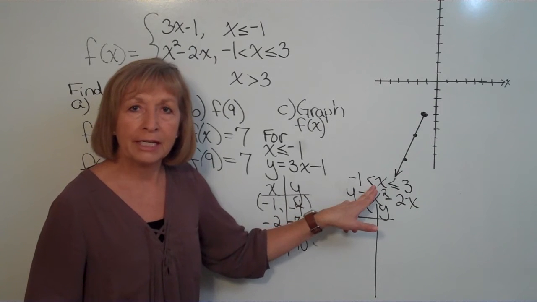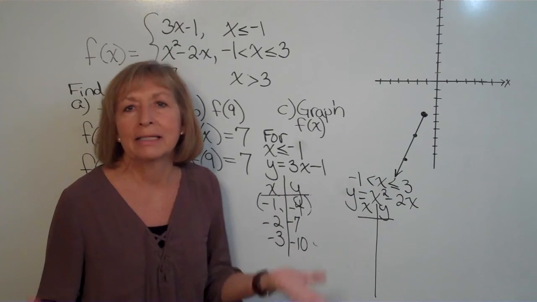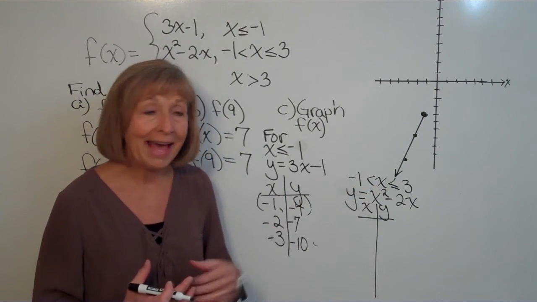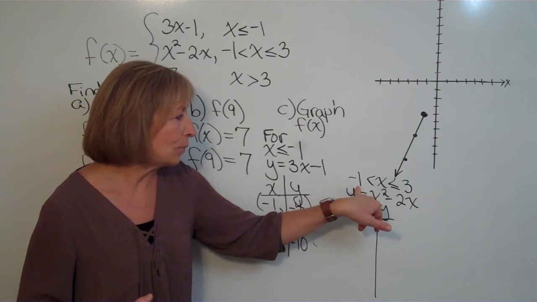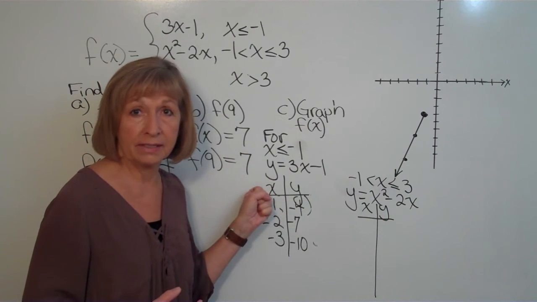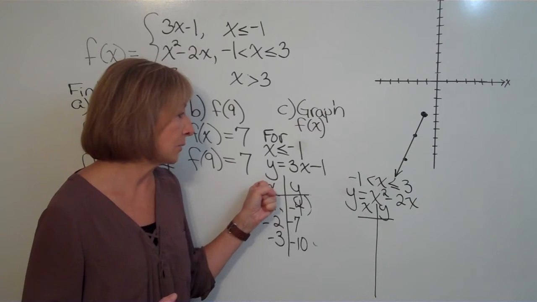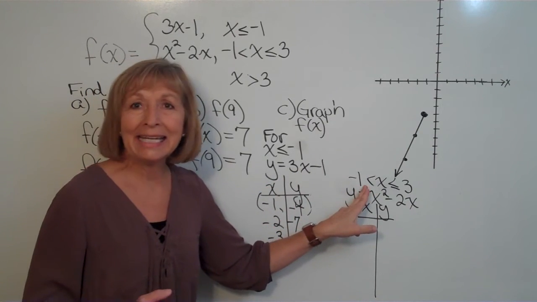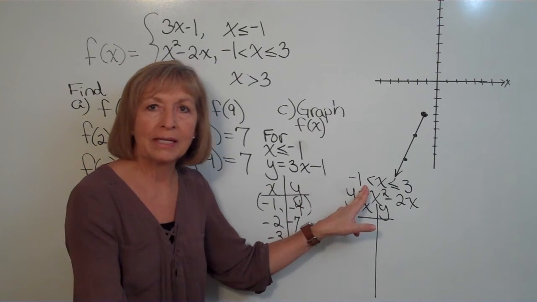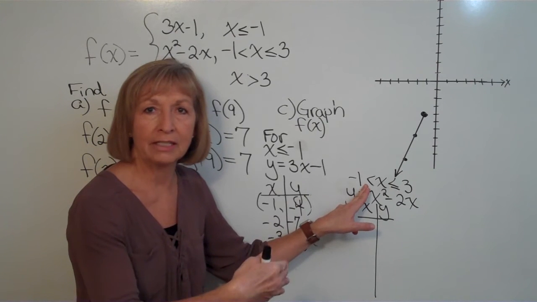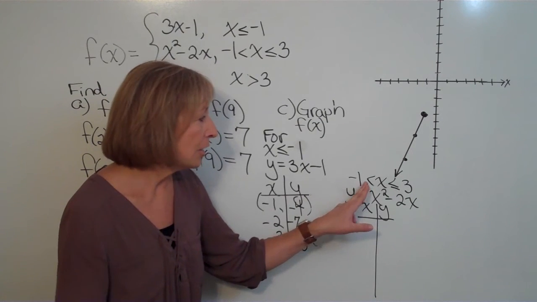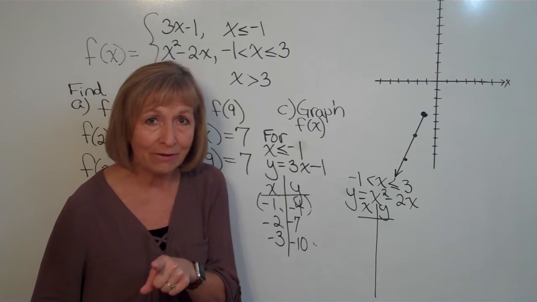Without the or equal to, I want to remind myself visually that at x equal -1, the rule was the other rule, the 3x minus 1 rule. But I've got to get infinitely close to it, and this one has to start infinitely close on the other end. So we're still going to plug in -1.